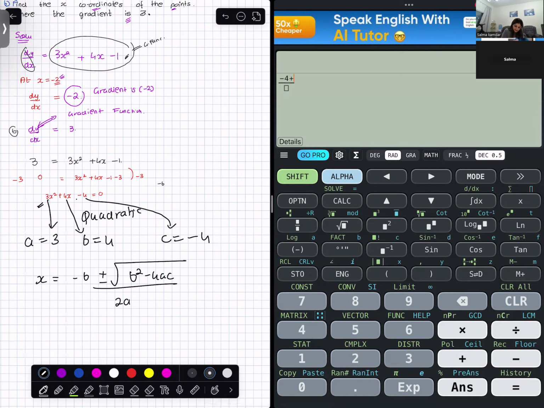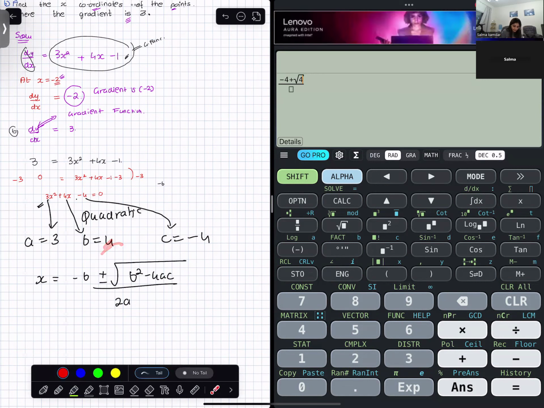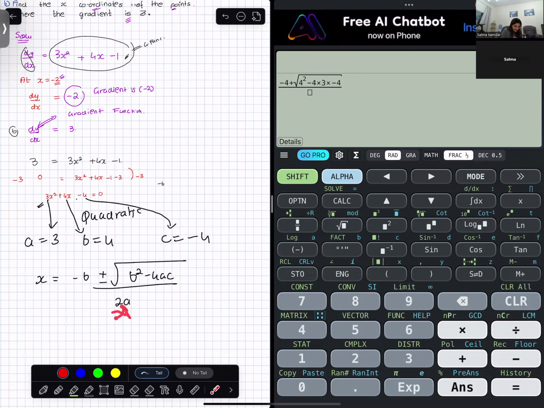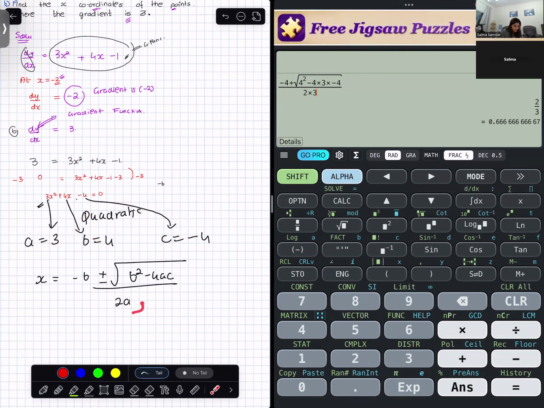First I use plus, then it would be root of b square minus 4ac, divided by 2a, that is 2 into 3, that is your 6.